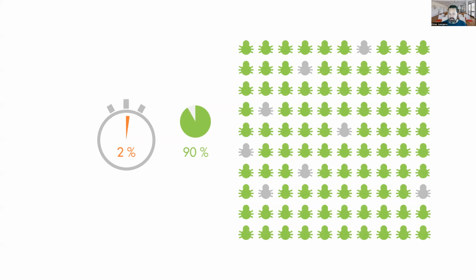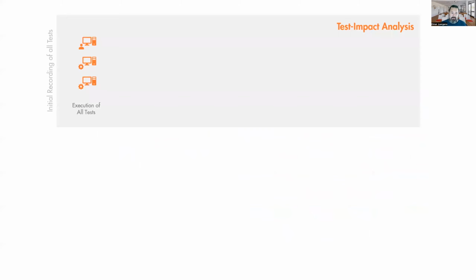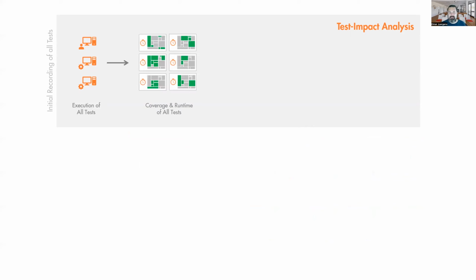And how does that work in practice? We have to do a preparation step where we execute all the test cases so that we know for every single test case which code this test case executes. Then we can store the test case specific coverage information in Teamscale.